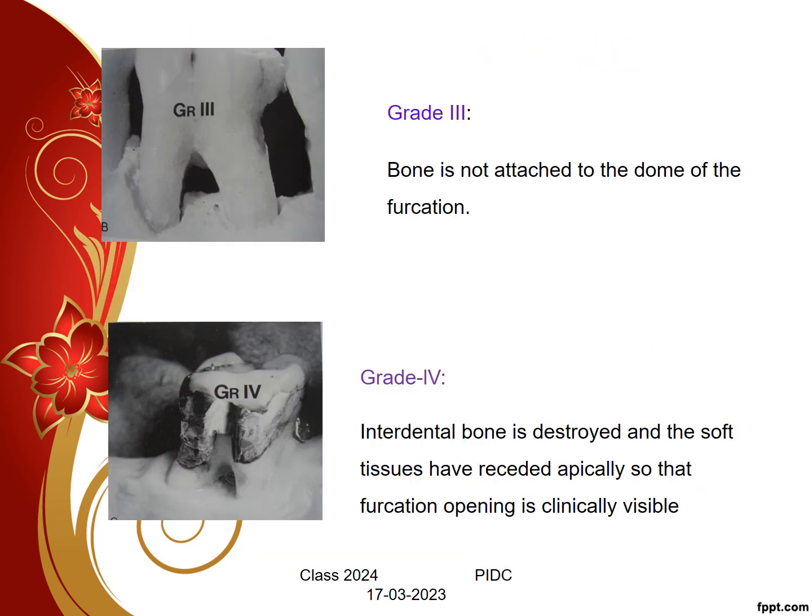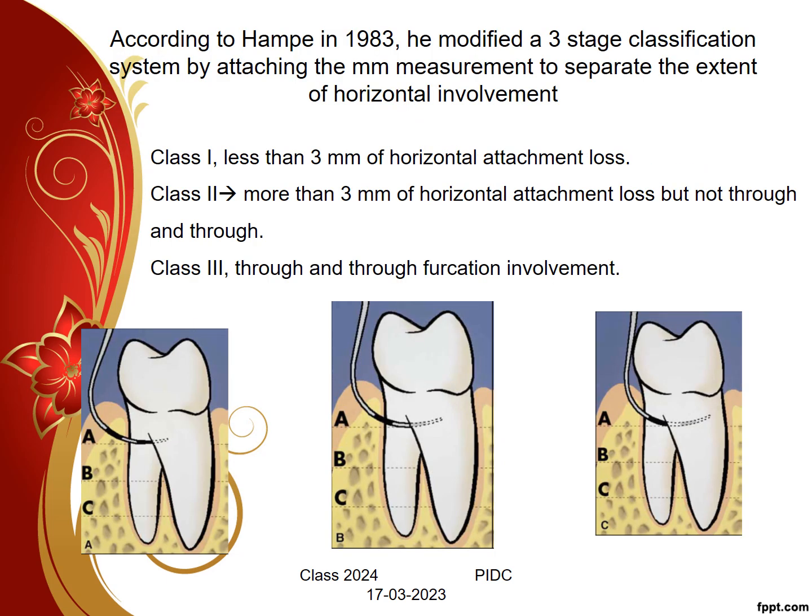Grade 4, here there is also gingival recession present, where you can see grade 3 very easily with your open eyes. So this is your grade 4 furcation involvement. According to Hamp in 1983, he modified a three-stage classification system by attaching the measurement in millimeters to separate the extent of horizontal involvement. Class 1 is one in which there is less than 3 mm of horizontal attachment loss, and class 2 is one in which the horizontal attachment loss is 3 mm or more but not through and through.